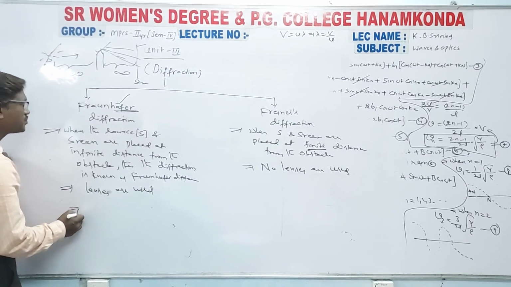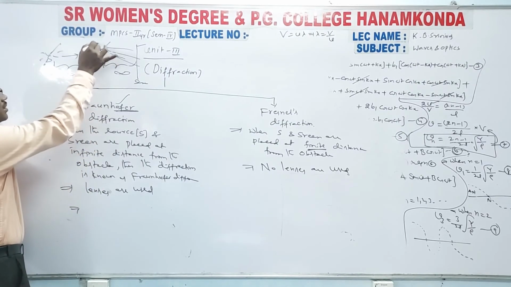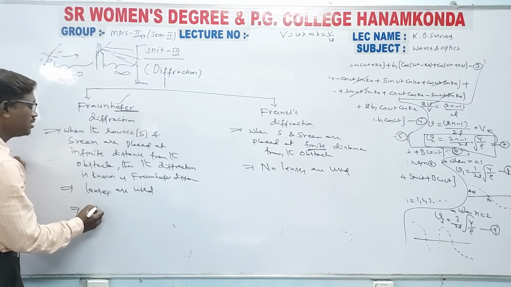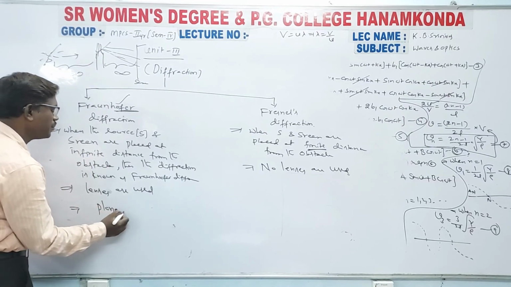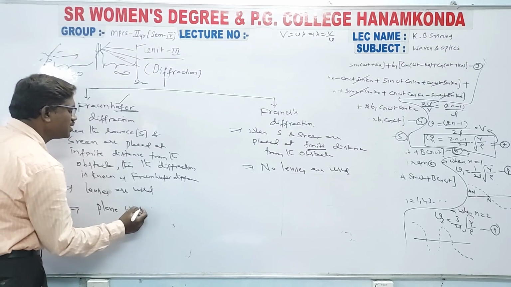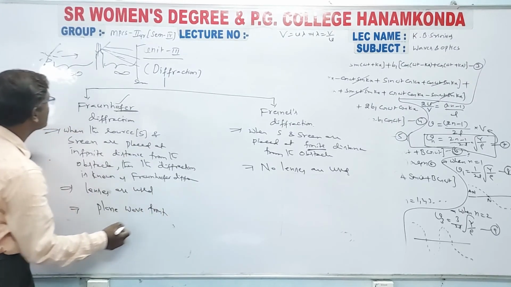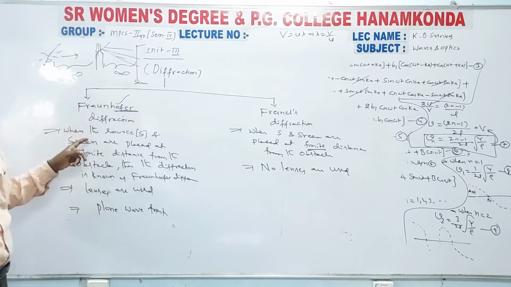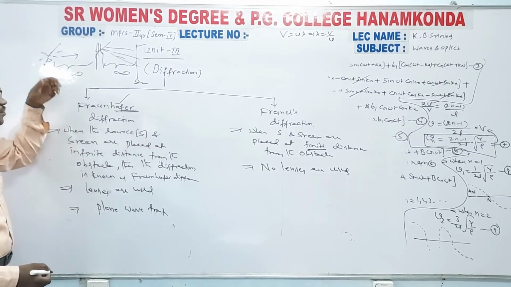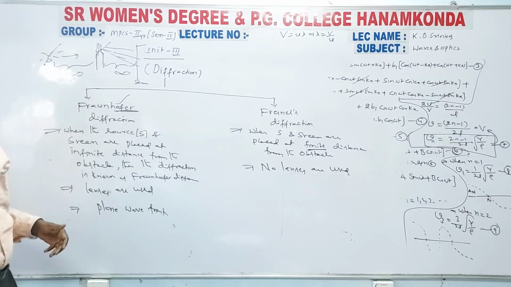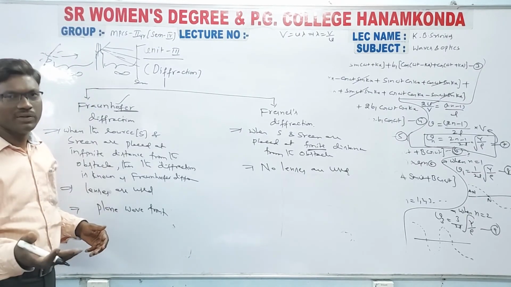And one more point, the light incident on the obstacle is a plane wavefront, because the light has already travelled through longer distances in the case of Fraunhofer diffraction. When light travels through longer distances, it becomes a plane wavefront.